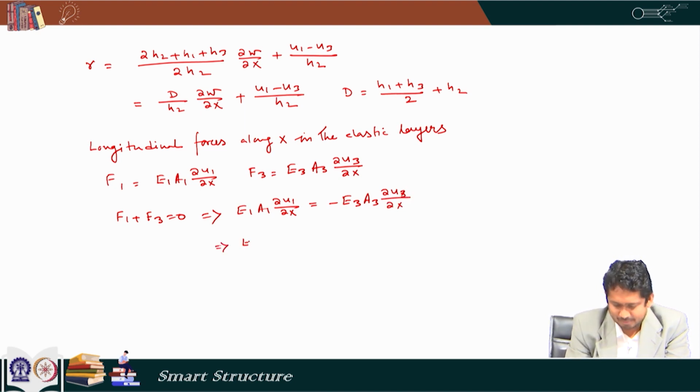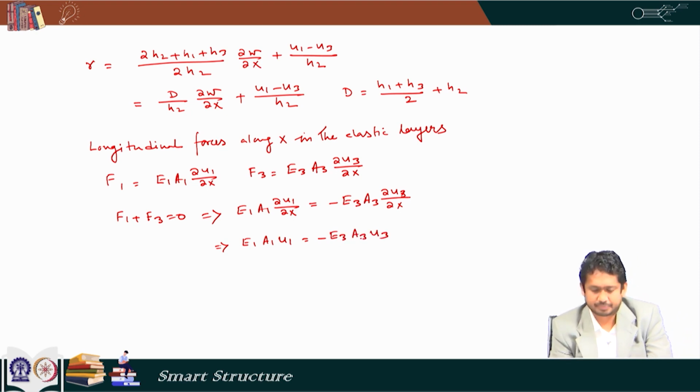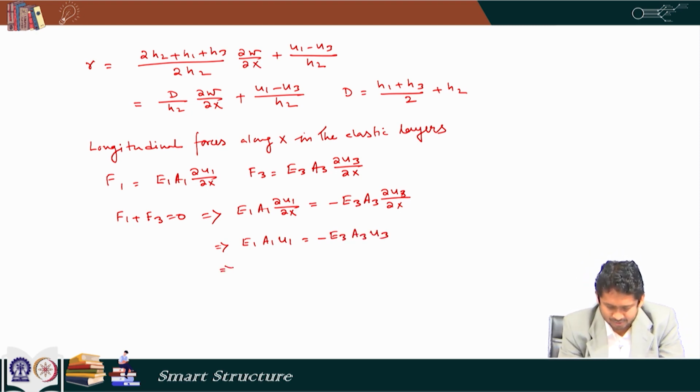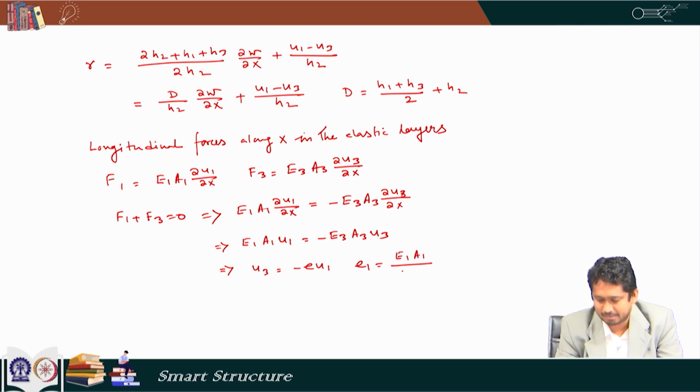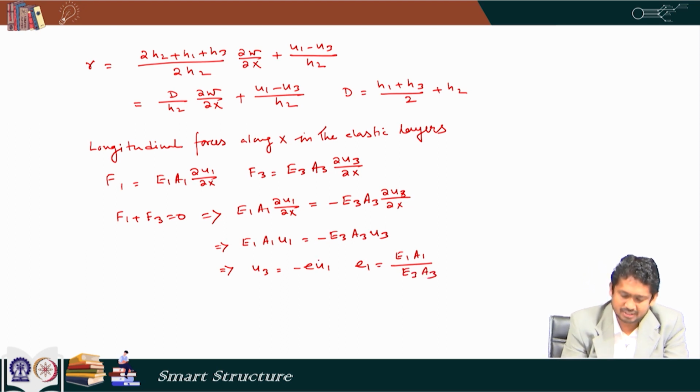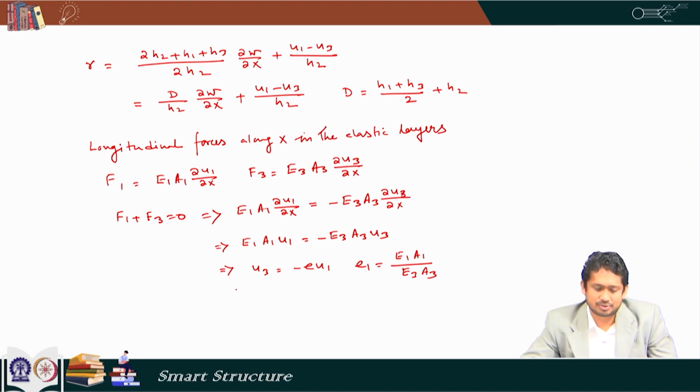Now, we can integrate both sides, and that gives us E1 A1 U1 equal to minus E3 A3 U3, and then we can write U3 is equal to minus e into U1, where small e is defined as capital E1 A1 divided by capital E3 A3. So, this relation helps me get rid of one of the unknowns in the problem.